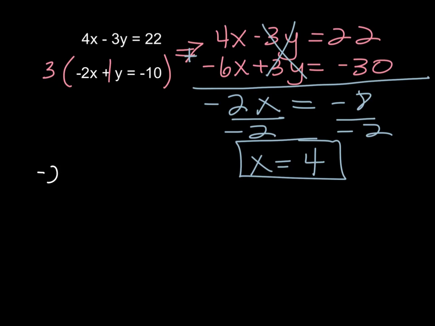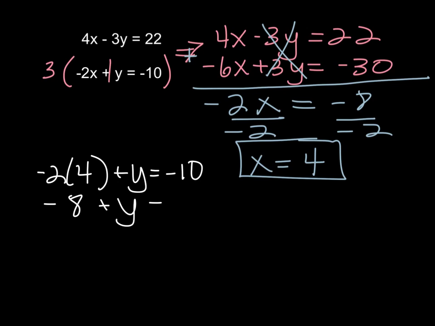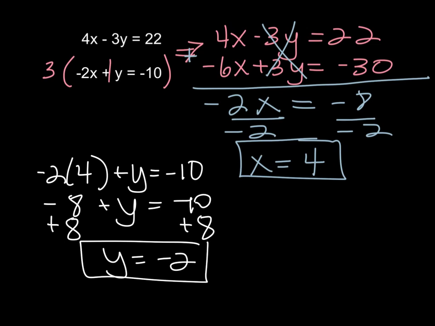So negative 2 times x, which we just figured out is 4, plus y equals negative 10. And then I have to add 8 to each side to get y by itself, and I get y equals negative 2. So these two lines, if I were to graph them, would meet at the point (4, -2).